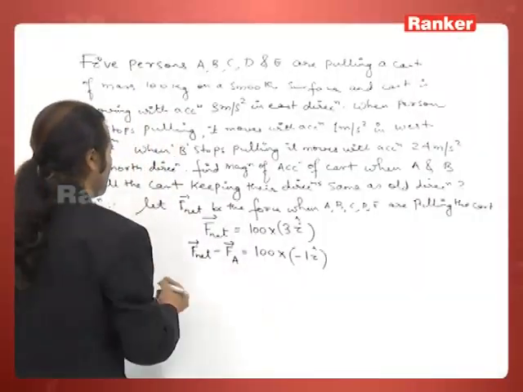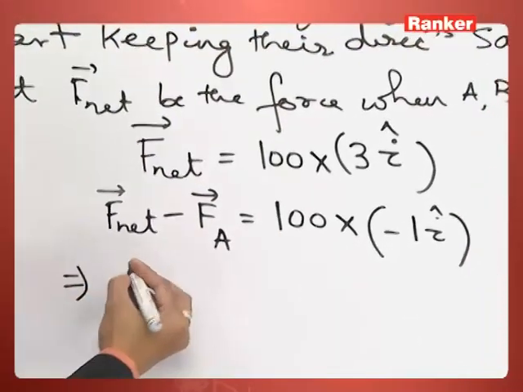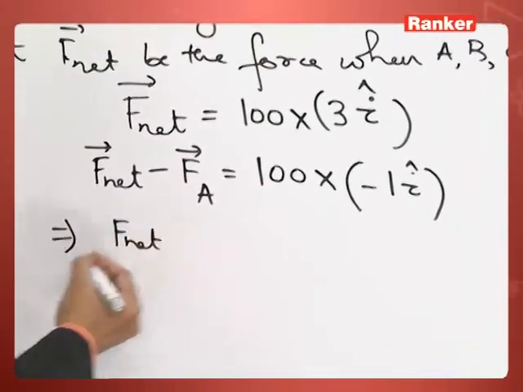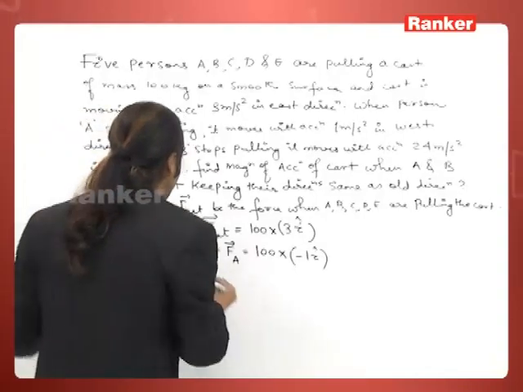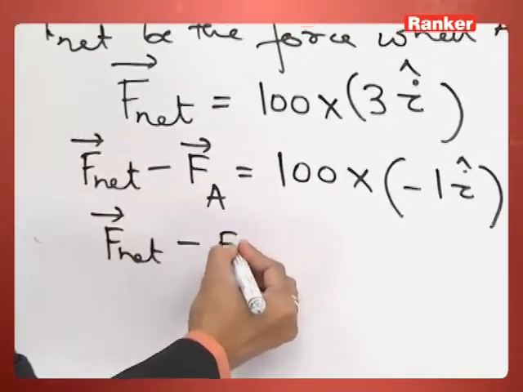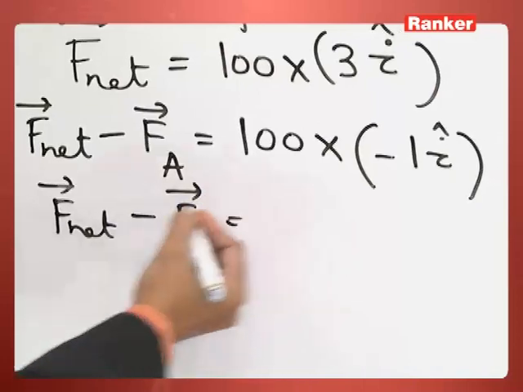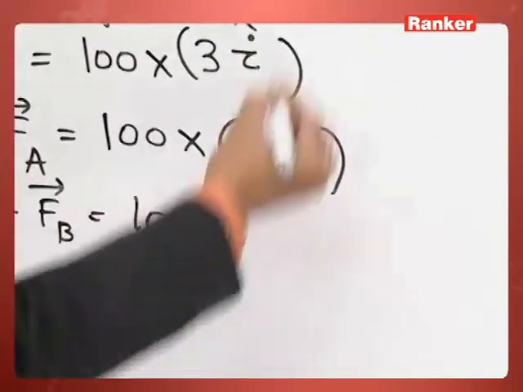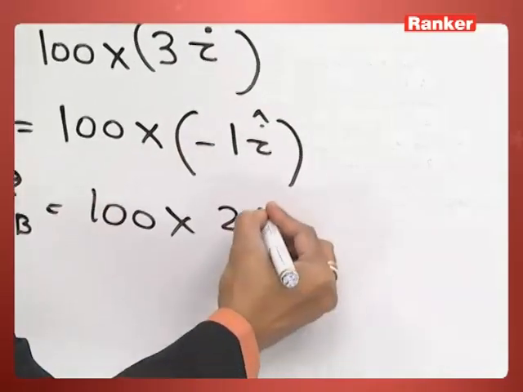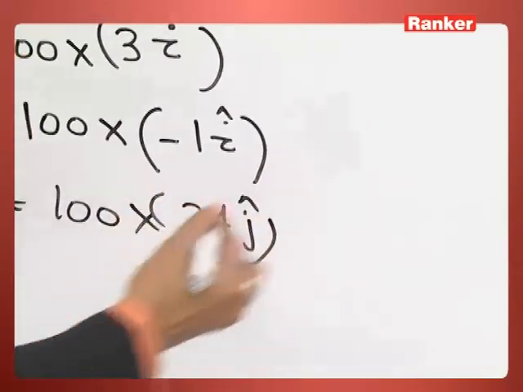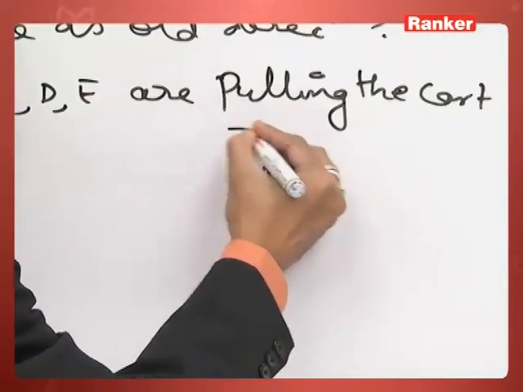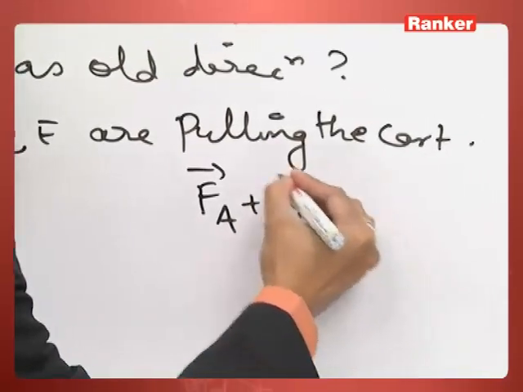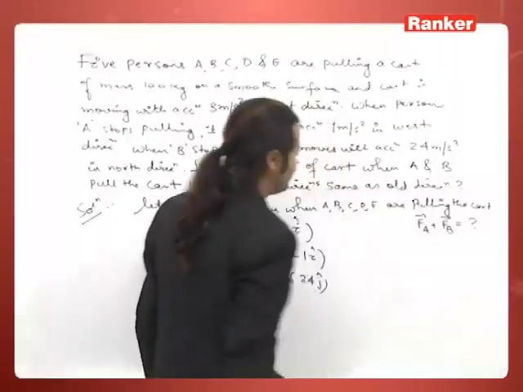And when B stops pulling, so I write F net minus FB equals 100 into, in north direction, 24 j cap. My intention is to find out FA vector plus FB vector is how much.